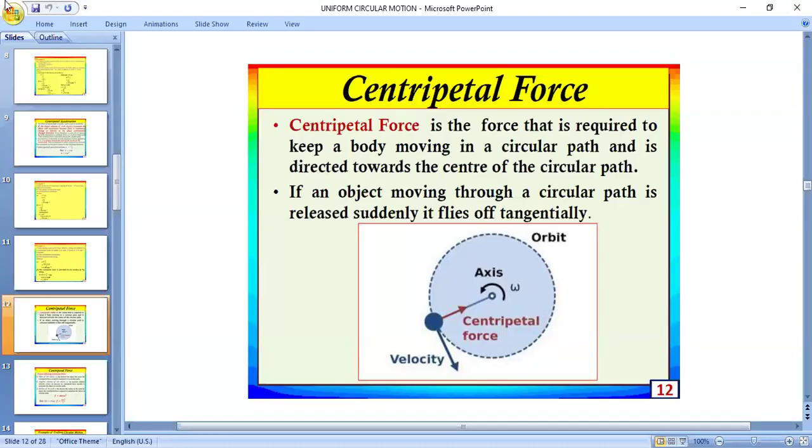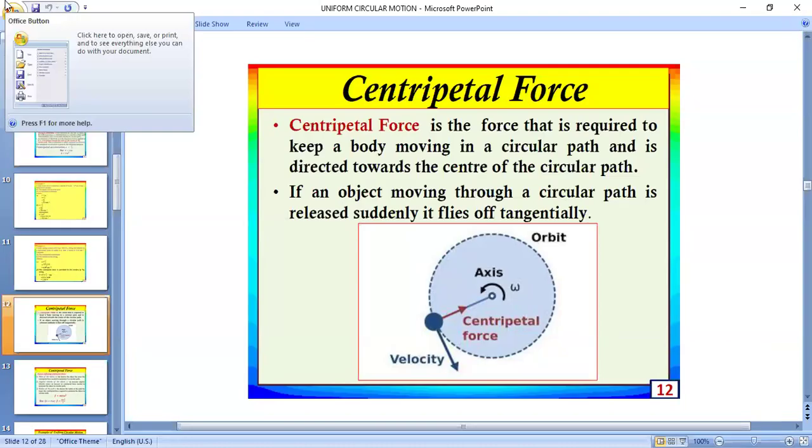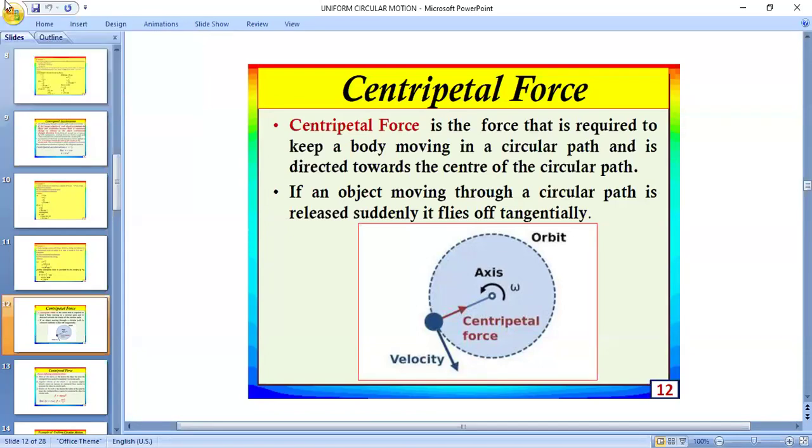Therefore, substituting both of them separately, the first equation will become F equals m v squared over r. And the second version will be F equals m omega squared r.